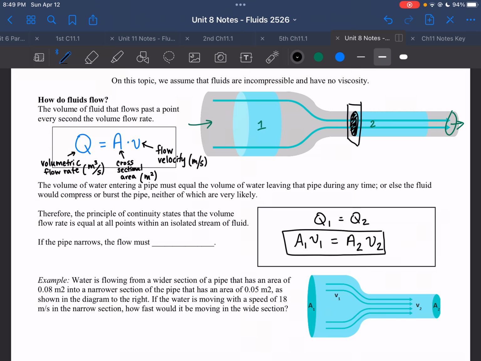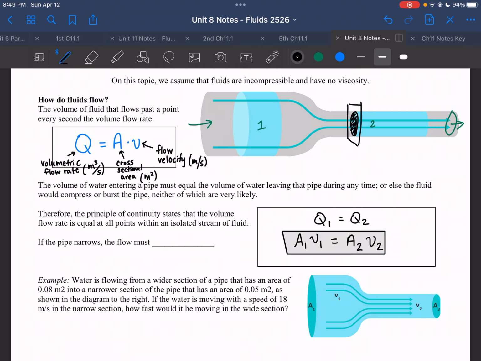This is called the principle of continuity, which just says that the flow rate has to be equal for all points within an isolated stream. As long as there's nothing else that's going to change the amount of liquid in this pipe, then this has to be true.